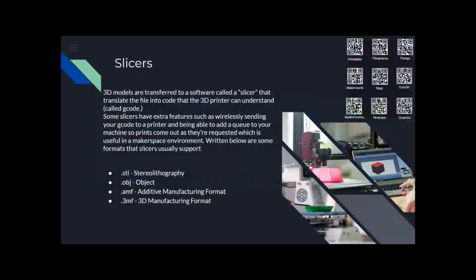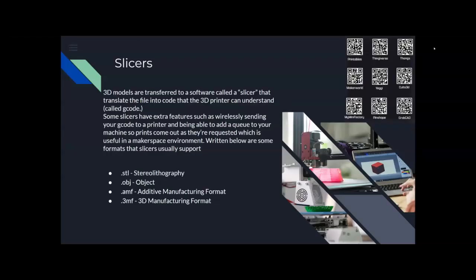So I've talked a lot about the tech behind this, but I haven't actually gone into the process. Don't worry too much about knowing everything. It's actually incredibly easy to get started. You don't have to know how to 3D model to be able to 3D print something.